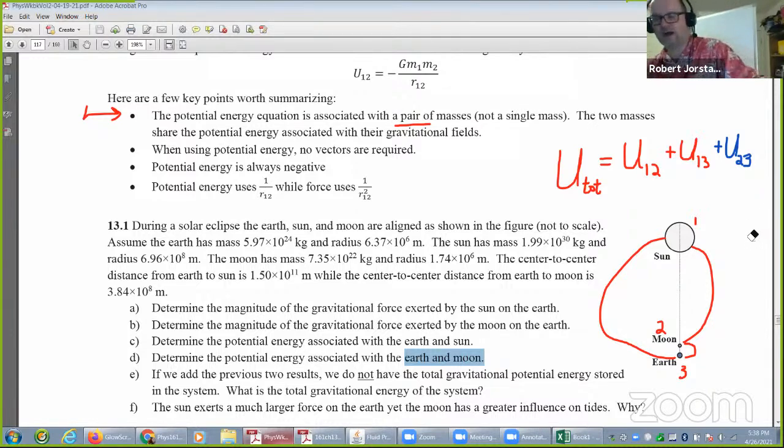Essentially, if you have 3 objects, there are 3 ways to pair it up. If you're a math freak, which I know some of you probably are, maybe you know about combinations. You're taking 3 things, choose 2, and I forget which way you put the numbers, but n choose 2. So I think it's usually 3 is the total number of objects, and you're choosing 2 at a time.